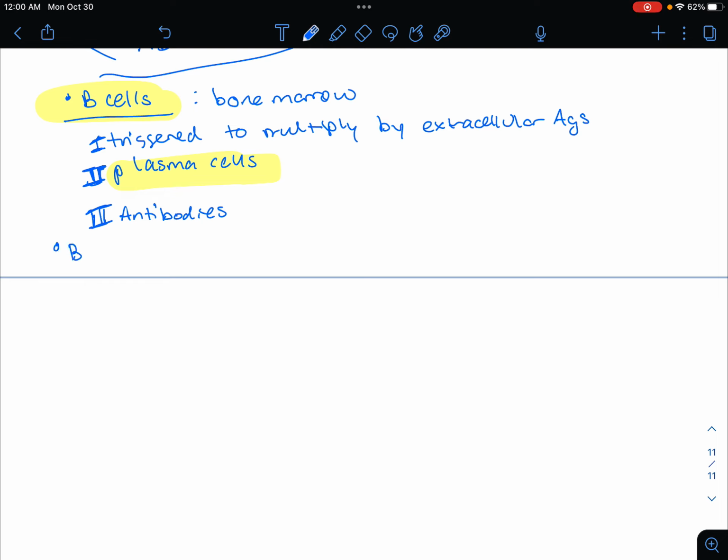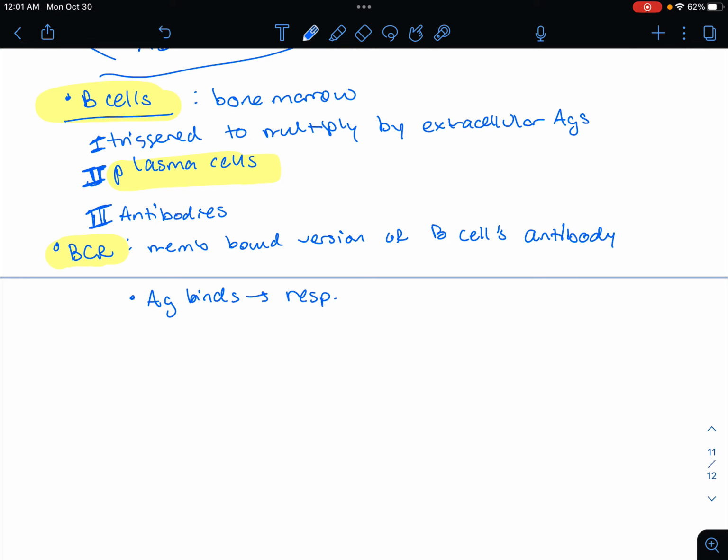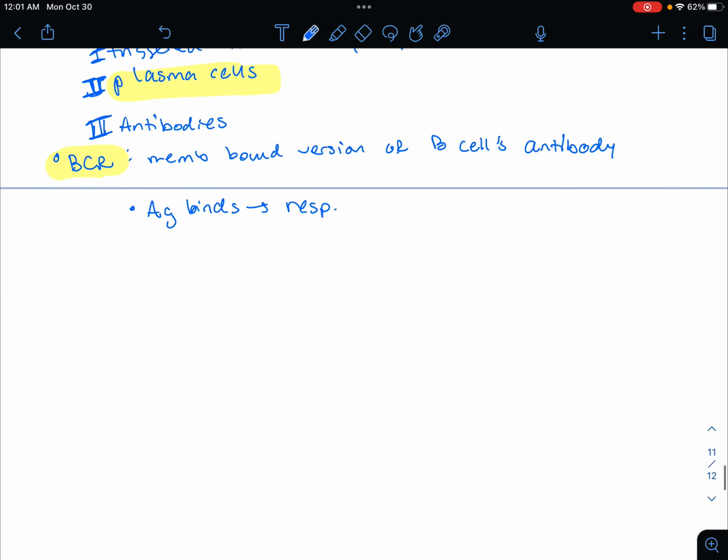Of course, the BCR is going to be the membrane-bound version of the B-cell specific antibody, which we discussed earlier. And the antigen binds, and then this causes a response. This is kind of a copy of what we said earlier in this video.